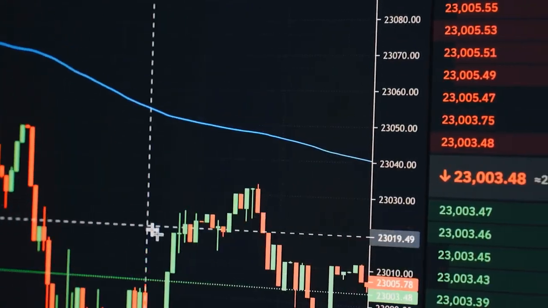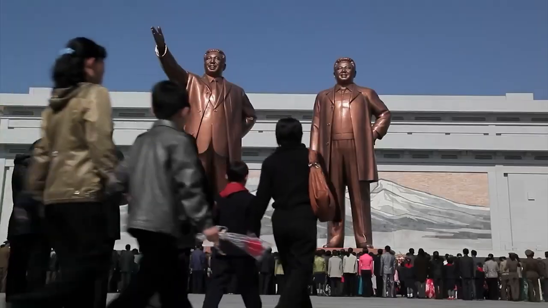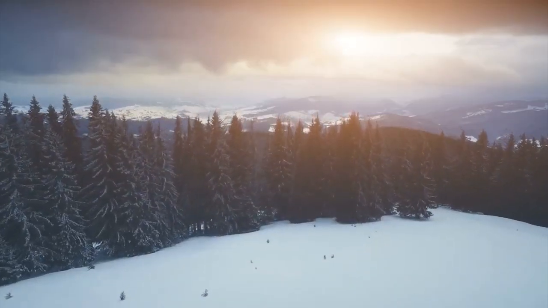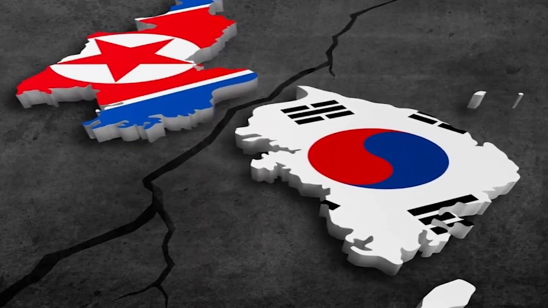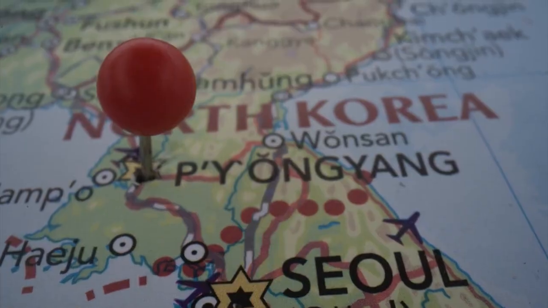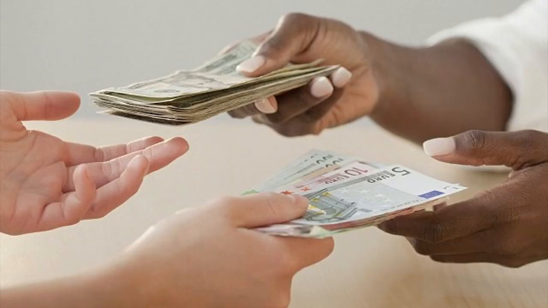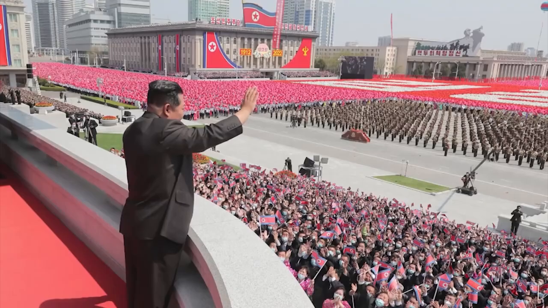Quite possibly, the most devastating occasion in North Korea's history was the famine of the 1990s because of a blend of catastrophic events, financial blunders, and political separation. The breakdown of the Soviet Union in 1991 denied North Korea of its fundamental wellspring of help and trade, causing an extreme lack of food, fuel, and raw materials.